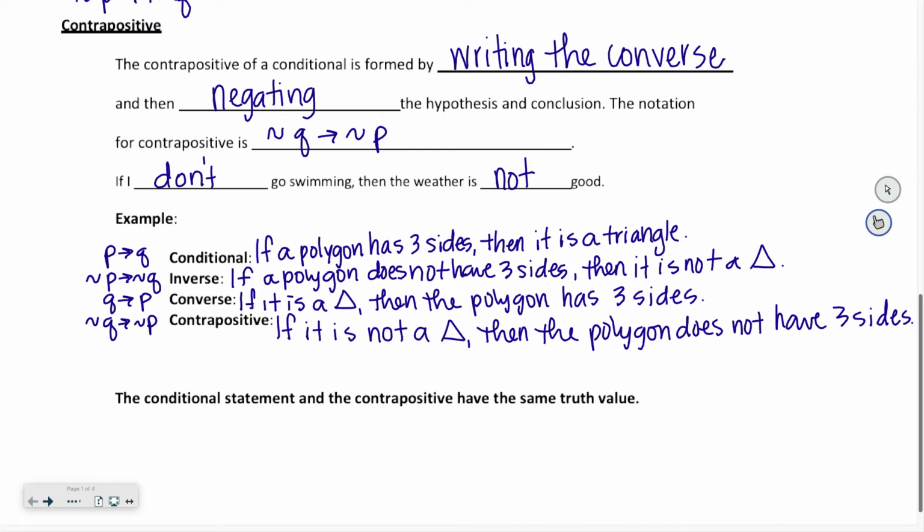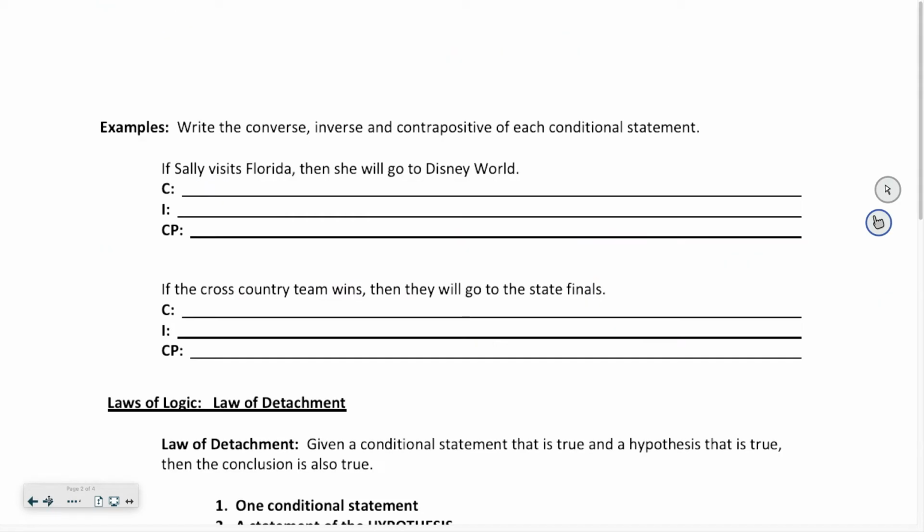If the conditional statement is true, the contrapositive has to be true. There are no curved sides to a polygon. So if it's a square, it can't have 3 sides, right? If it's a hexagon, it can't have 3 sides. So if it's not a triangle, then it does not have 3 sides.